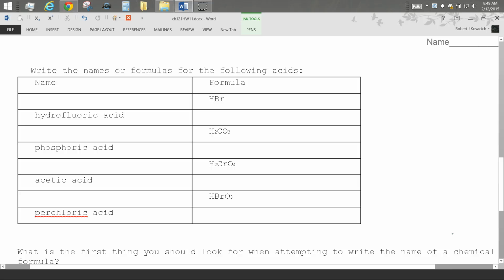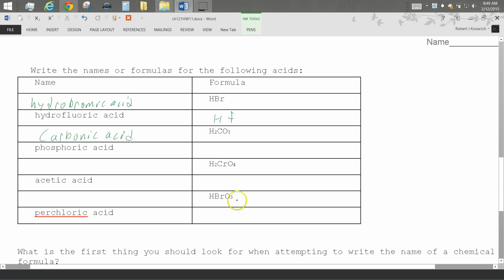Okay. HBr? Hydrobromic. And then hydrofluoric? Just HF? How about H2CO3? Yep, carbonic.